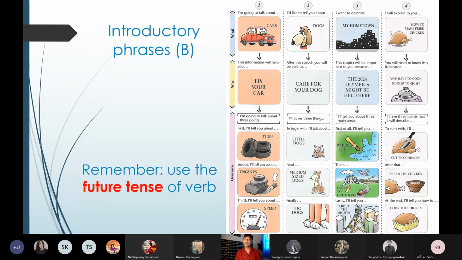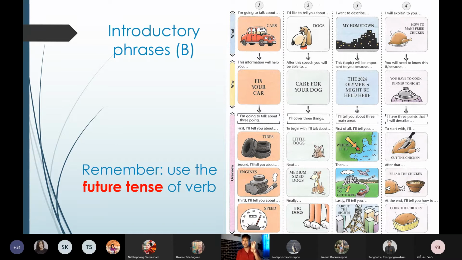Now let's go to the overview. An overview is like a very short, bullet-type form of what you're going to speak in the body of your presentation. It's just the summary of the body. So you could use I'm going, still the future tense of the verb. I'm going to talk about 3 points, if you have 3 main points.